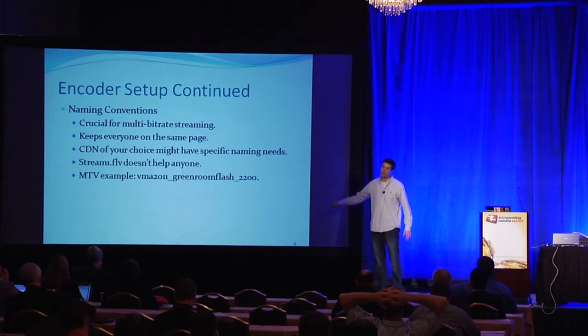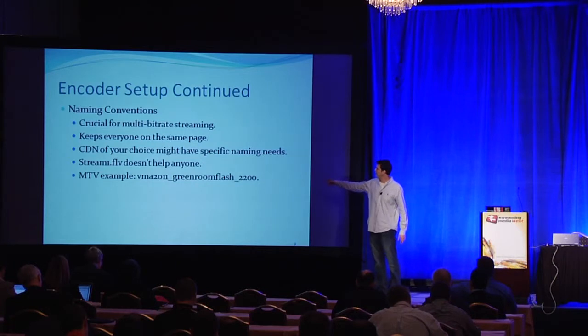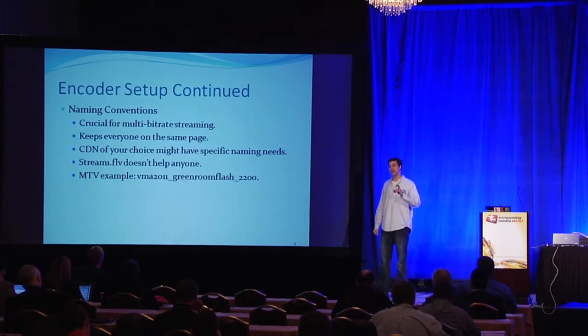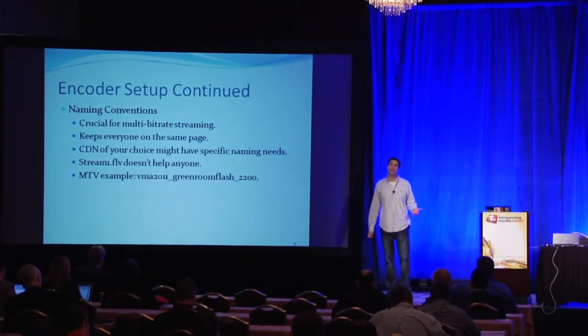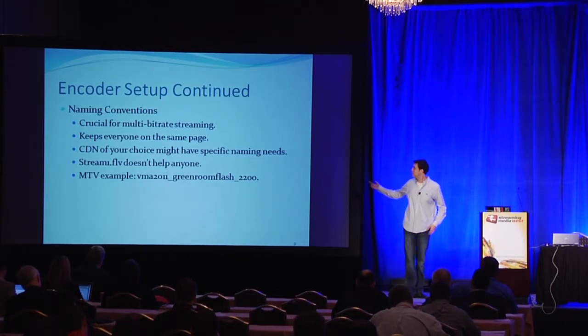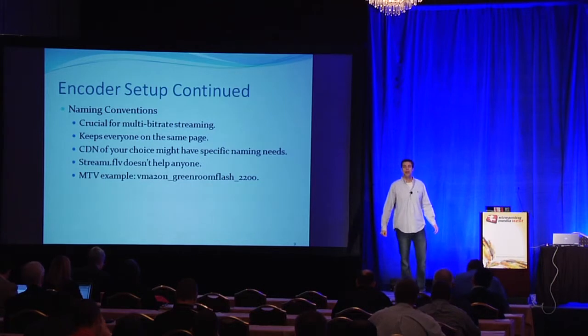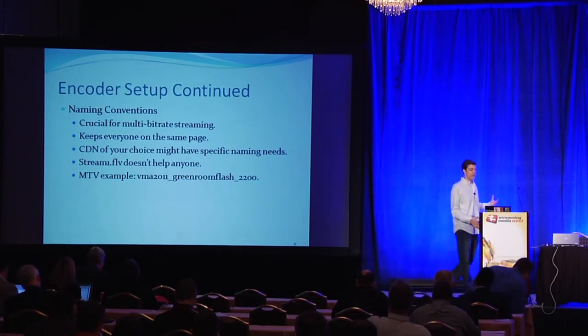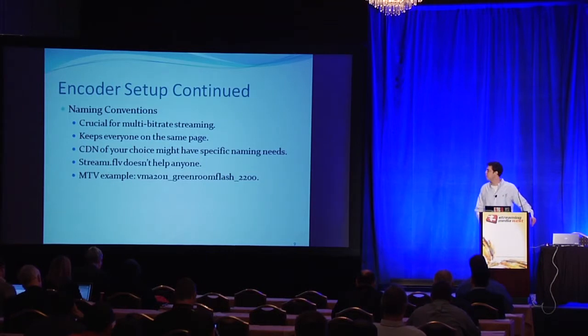Green room is one of the cameras that we have set up in the green room, and the green room flash means that I'm using this bitrate, whatever this rendition is, I'm using for my flash stack, and 2200 is the bitrate. So I'm doing a 2.2 meg stream of the green room in flash at the VMAs just from looking at that bullet point. And once your groups can operate that way, it'll make a significant difference in kind of the workflow and the production itself.